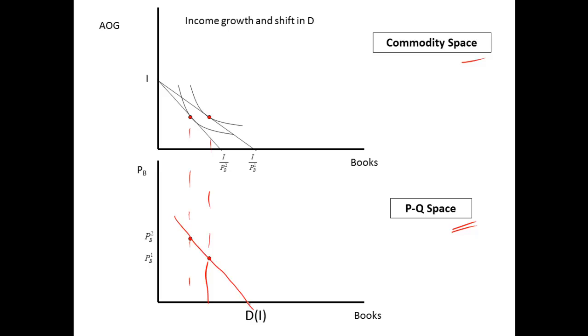But now let's do the exercise again with a higher level of income, I prime, where I prime is, as you can see, bigger than I. So we'll put in two budget constraints that are parallel to the same two lower income budget constraints, and we'll find the optimal choices on those budget constraints. And sure enough, there they are. Now we can drop some lines down vertically.